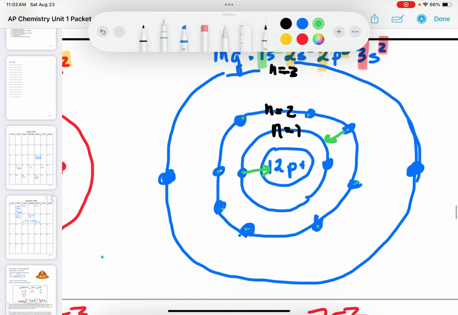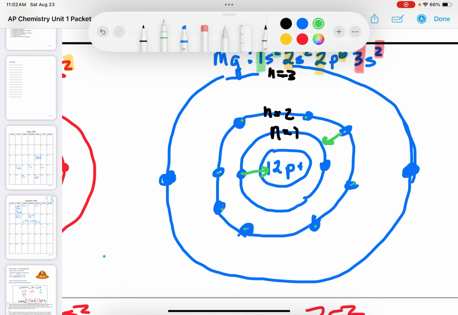But it's the third energy level, something happens. First off, it's just the fact that it exists, right? Like the beryllium didn't even have a third level. So of course, if we're adding another level, we're adding bulk, we're adding distance within this atom.